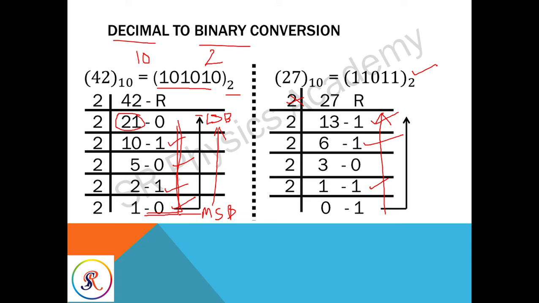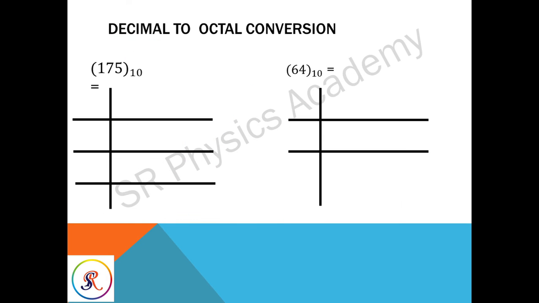Is it clear now? Now we will learn how to convert any decimal to octal. In this case, decimal, we know the base is 10, and octal means the base is 8.